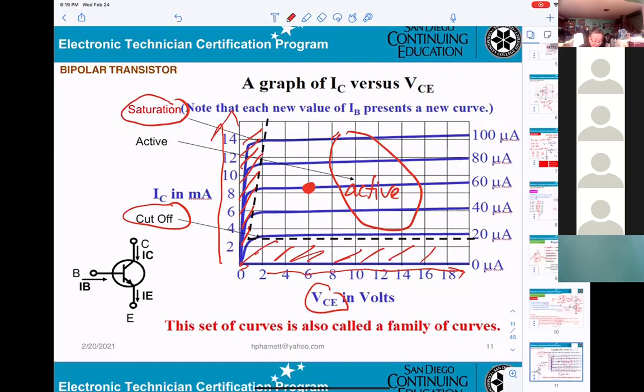This stands for IC, so you go to the left, and at this point here, 8.23 milliamp, that is the IC you get. For VCE, you go down, VCE equals 6 volt.